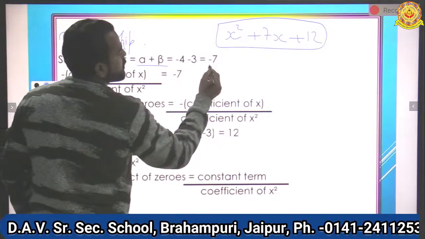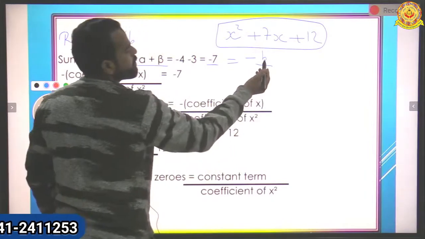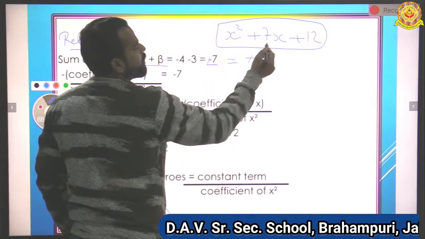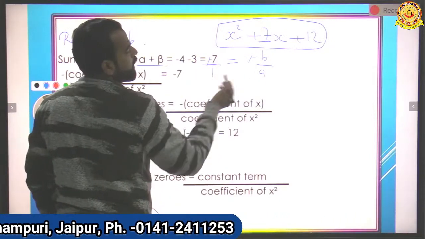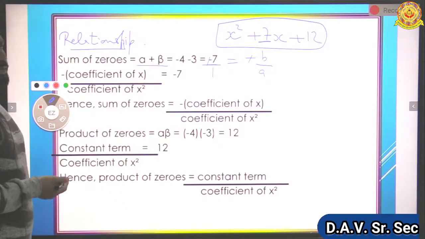Alpha plus beta is equal to minus 7, which is equal to minus b upon a. Look at this, minus b is equal to minus 7, that means minus minus cancel, b value is 7, correct. A value, nothing here in the denominator, so you can put it 1, a value is 1. Yes, x square has the numerical coefficient 1.